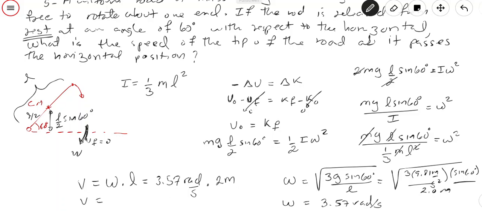So the linear velocity, or the speed in this case, is 7.14 meters per second. So when this rod is passing through this point over here, its tangential velocity will be 7.14 meters per second. It's going to be pointing downwards, right? If we're talking in terms of speed, this would be 7.14 meters per second without direction, of course, because it's a speed.